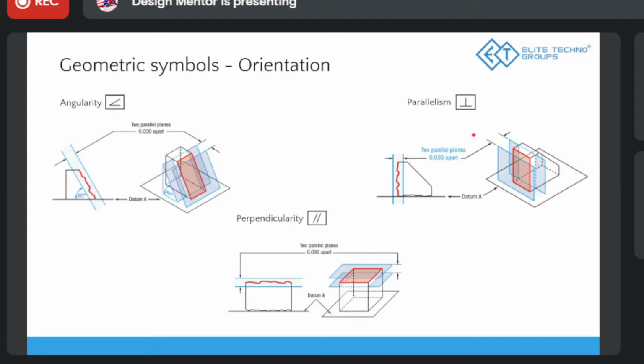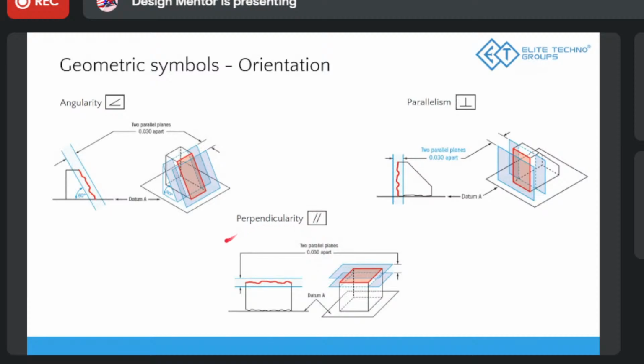In a similar way, let's take perpendicularity. Sorry, the names are, I think, swapped here. So this is actually perpendicularity and this is parallelism. For perpendicularity, you can see this is the surface we want it to be perpendicular to, and it should lie between those two lines or surfaces that we assign, which is the tolerance.